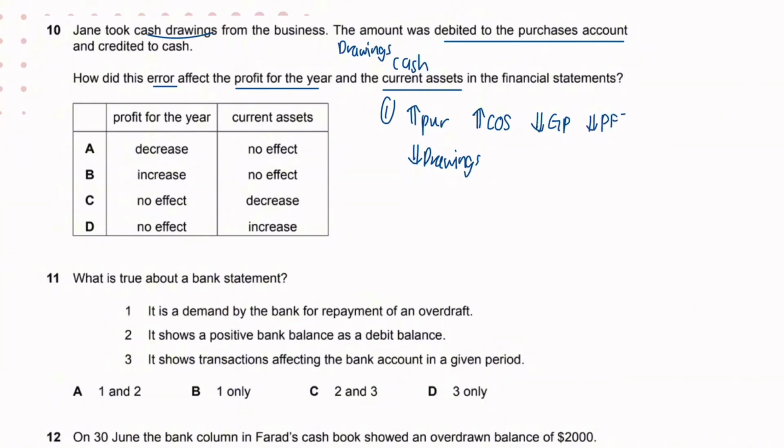And let's see drawings. When you understate your drawings, you will understate your capital, but this is not relevant to the question, so we don't have to look at it. So yes, correct. The first one is decrease, and current assets, no effect. Okay, so A is the correct answer.